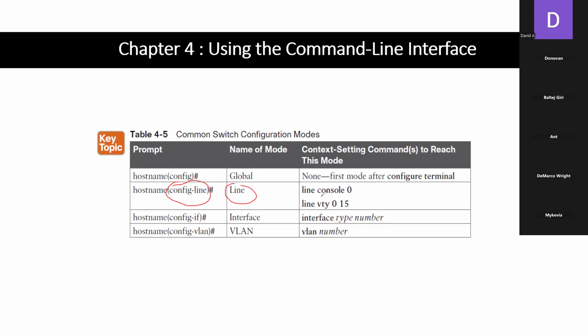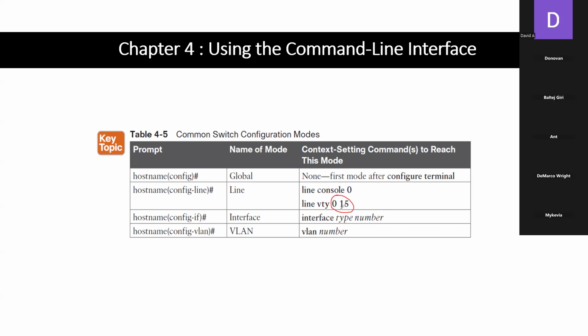There are different types of lines. We have line console, we have line VTY. Line console is for your console port. Line VTY is for your virtual terminal sessions. Each switch, each network device, is allocated a number of sessions, and these sessions are defined with these numbers.